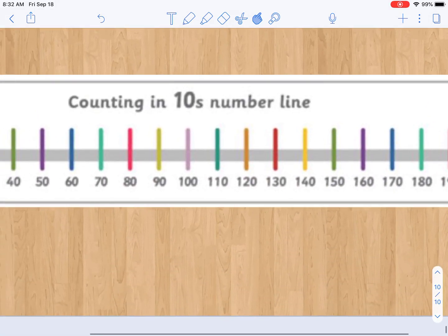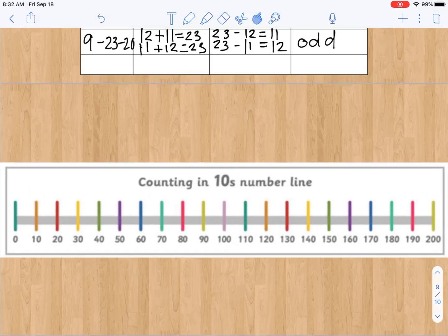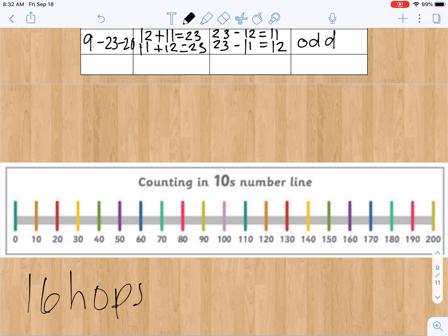Nice job today, everybody. We have one more activity to do together. We are going to be counting on our number line. It is the 16th day of school this month. So we will be doing 16 hops of 10.